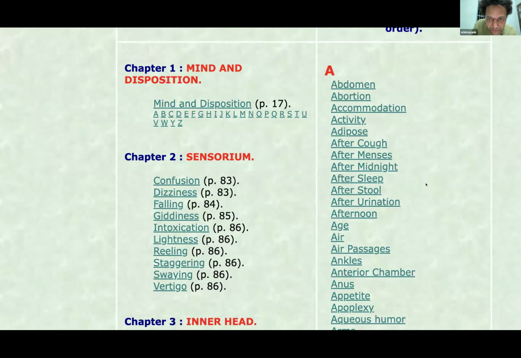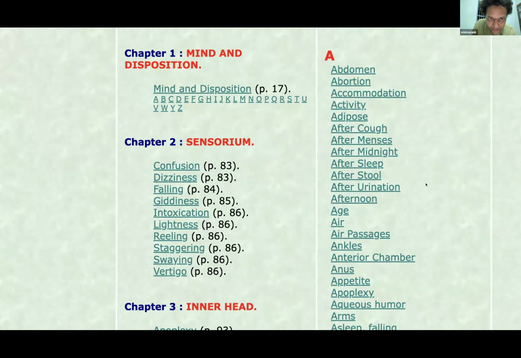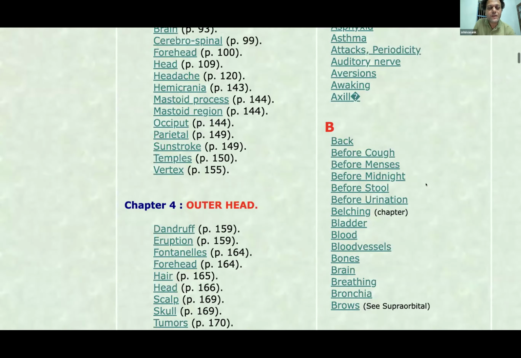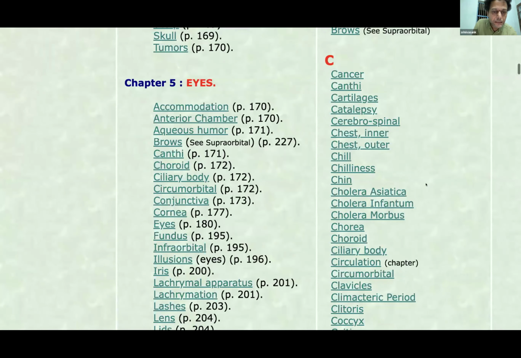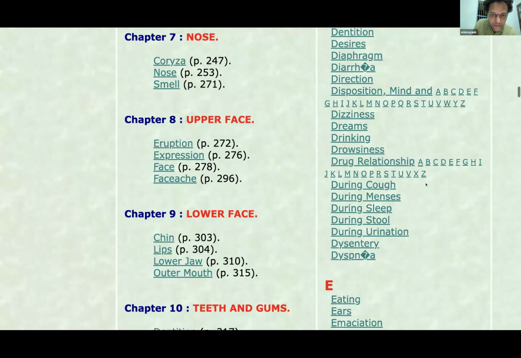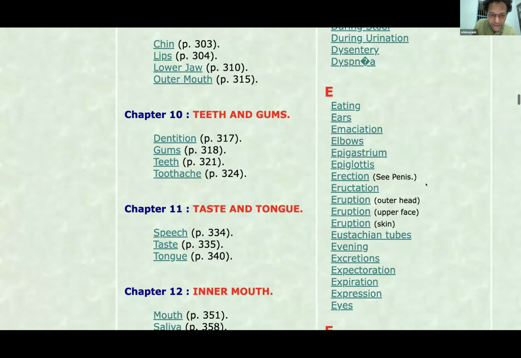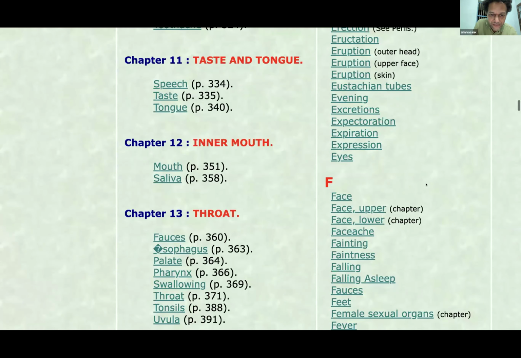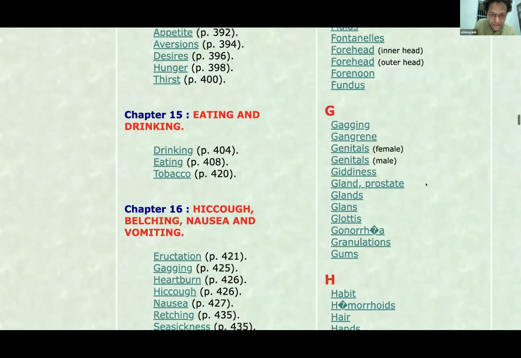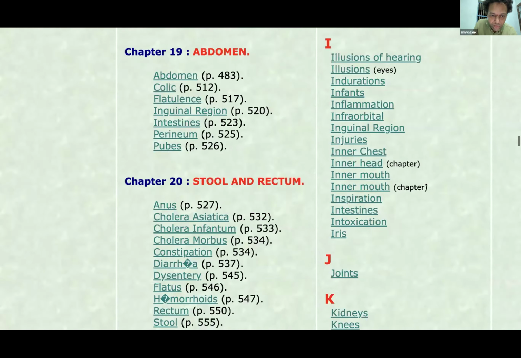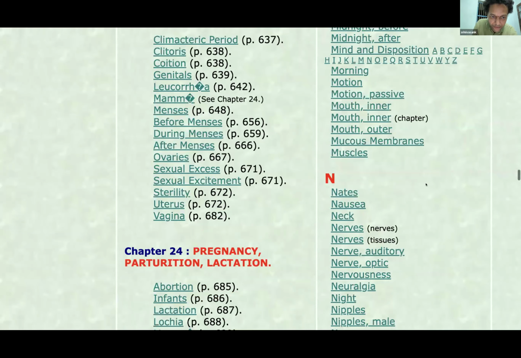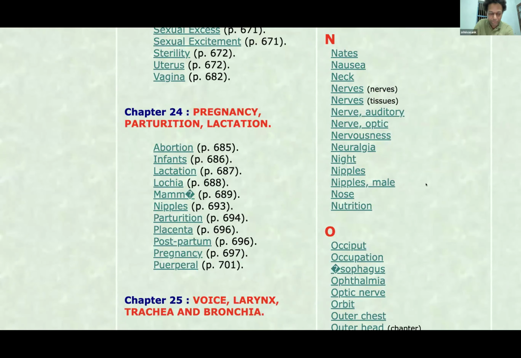I raise the screen, you read the chapter, sub-chapter in red color: mind, sensorium, inner head, outer head, eye, ear, nose, upper face, lower face, teeth and gums, taste, tongue, inner mouth, throat, appetite, thirst, etc., eating, drinking, hiccup, etc., scrobiculum, stomach, hypochondria, abdomen, stool, rectum, urinary organ, male organ, female organ, pregnancy, parturition, and lactation. Chapter 24.